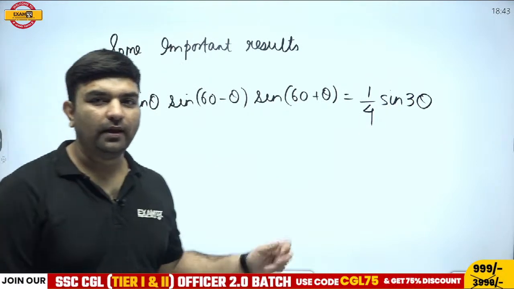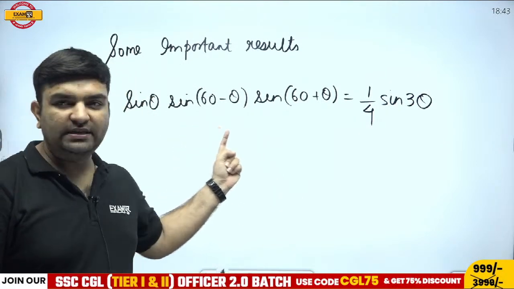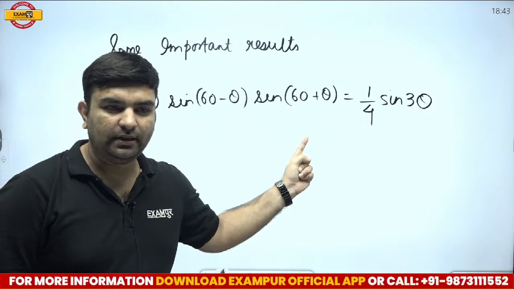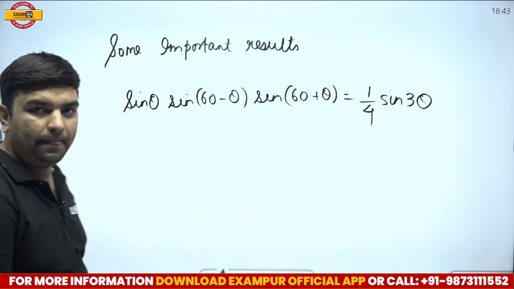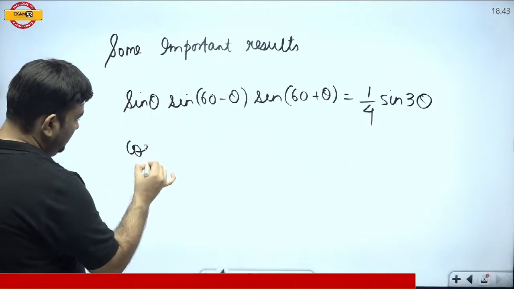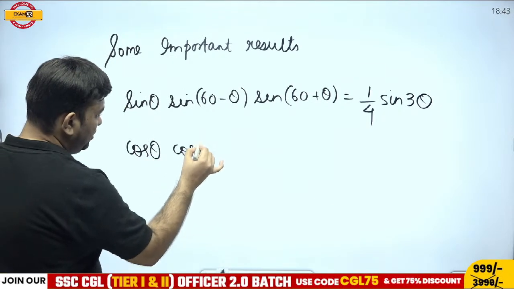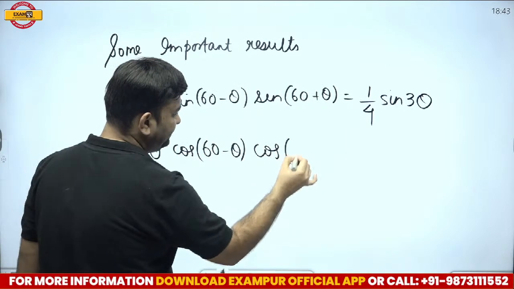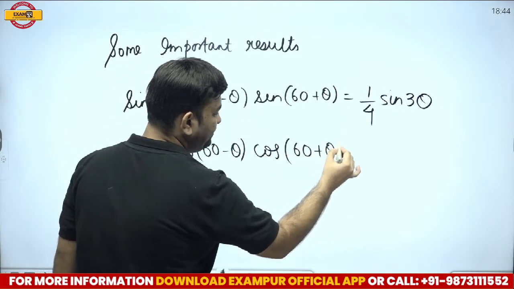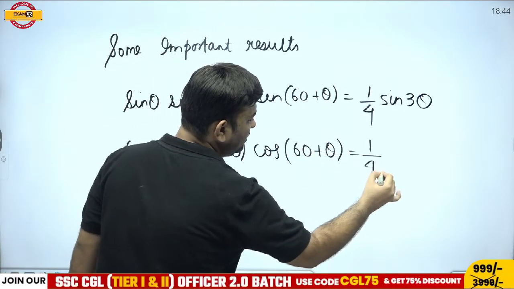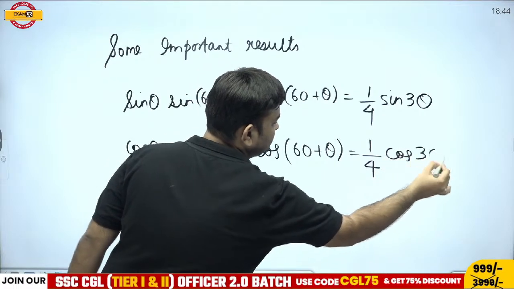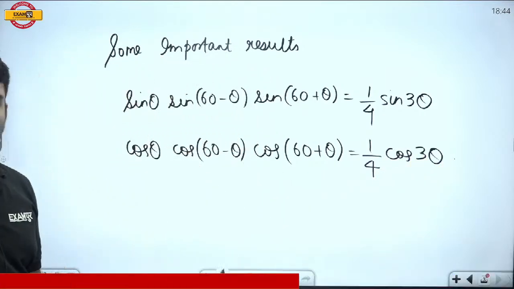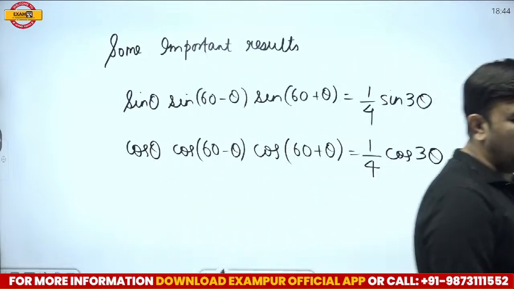Sin theta, sin 60 minus theta, sin 60 plus theta is 1 by 4 sin 3 theta. Similarly, cos theta, cos 60 minus theta, cos 60 plus theta is the same, 1 by 4 cos 3 theta.